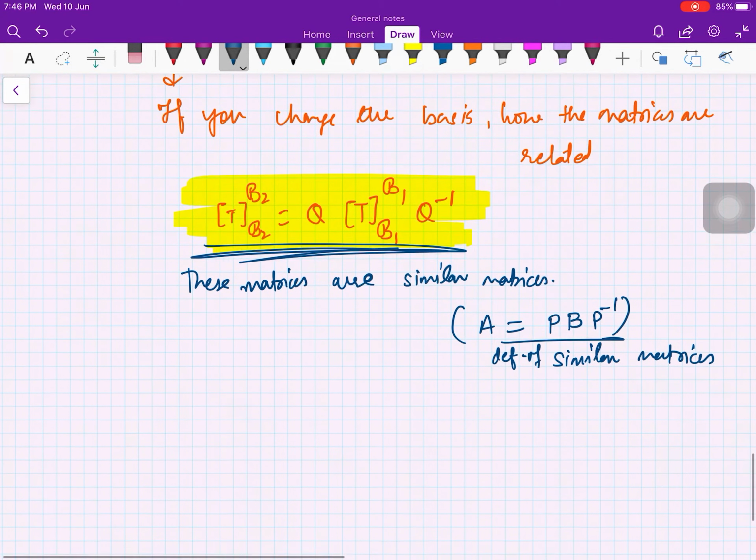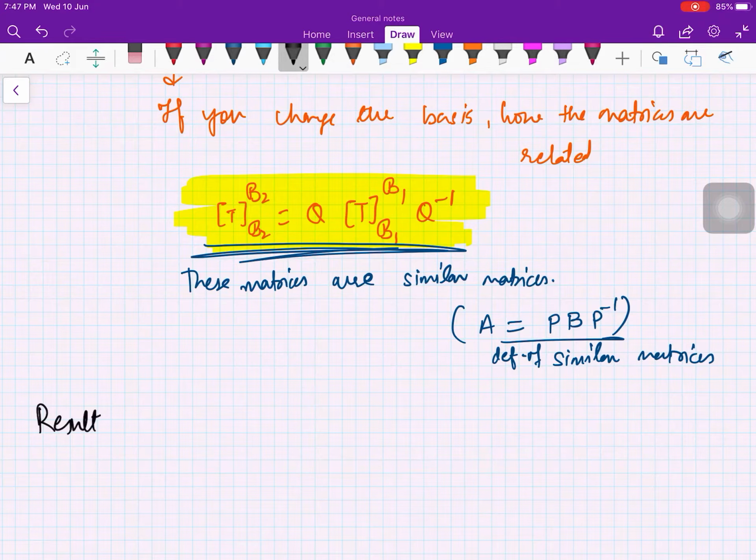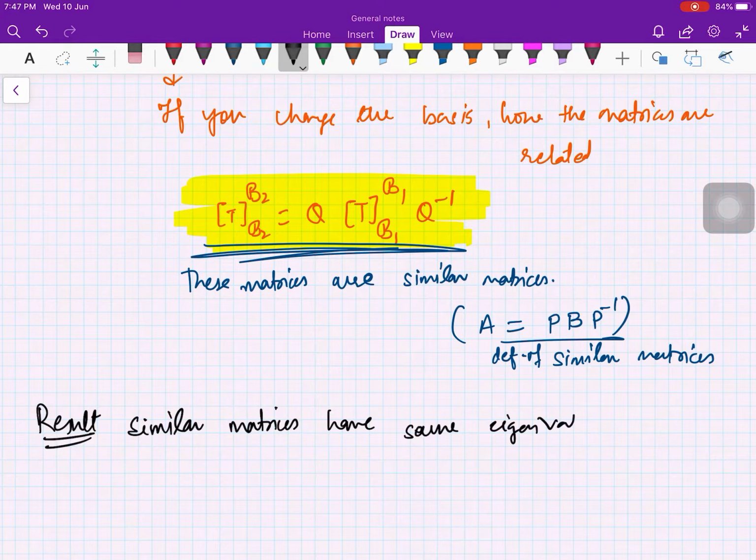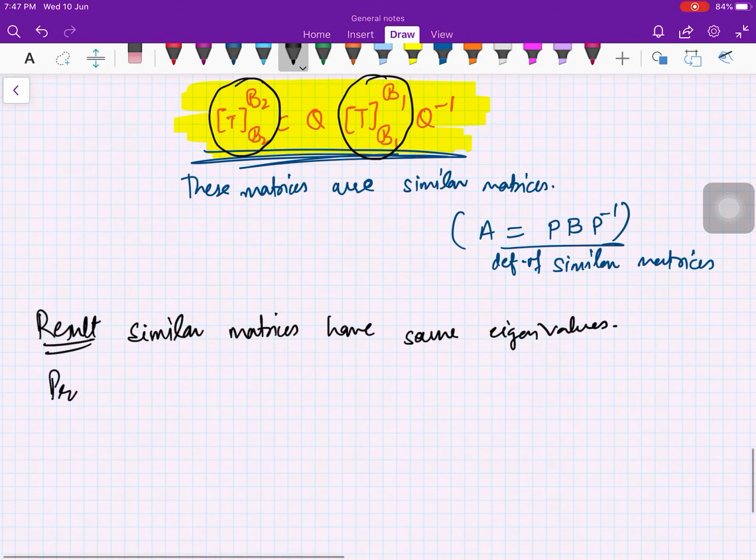Now what I will prove is that similar matrices have the same eigenvalues. It means that whether you consider the eigenvalues of the matrix associated with T in one basis or the other, they will be the same. You don't have to worry which matrix you use. So let us prove it.